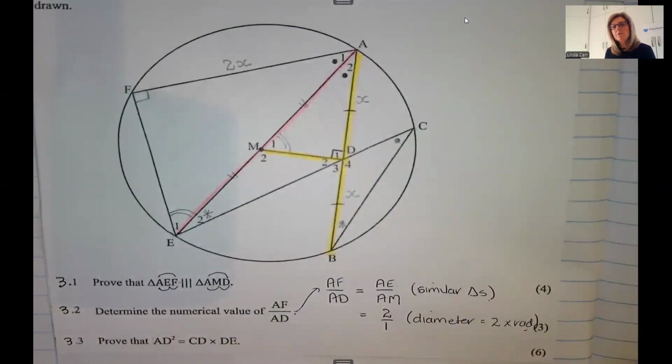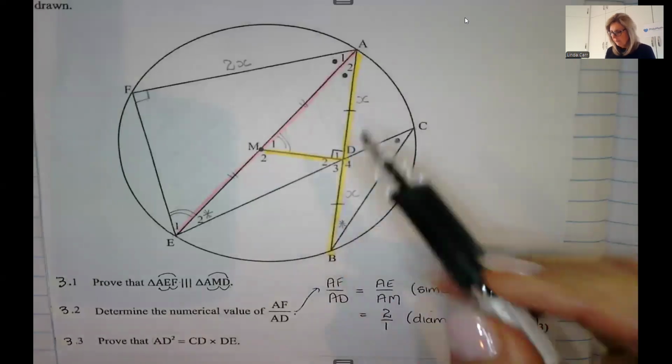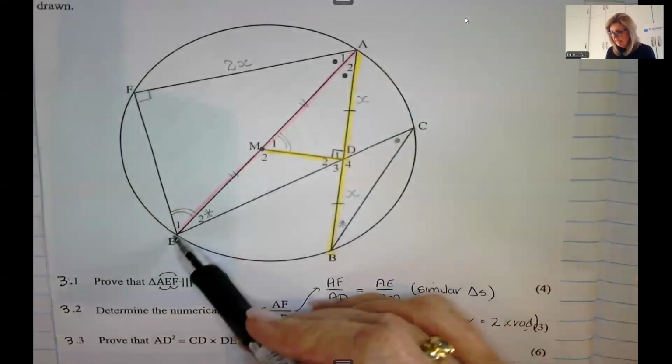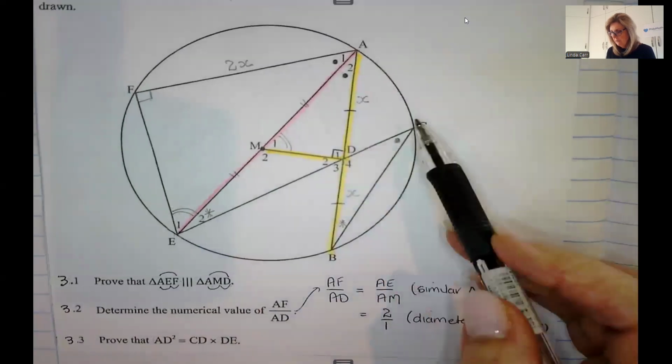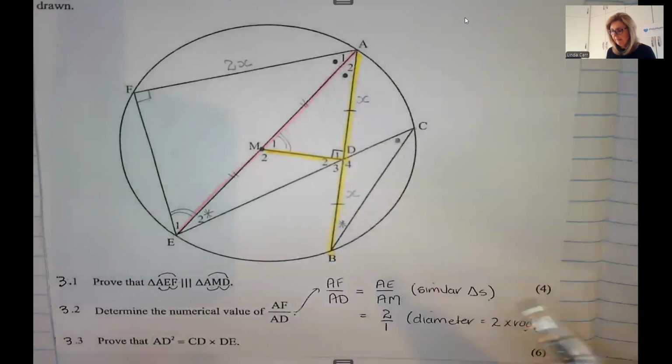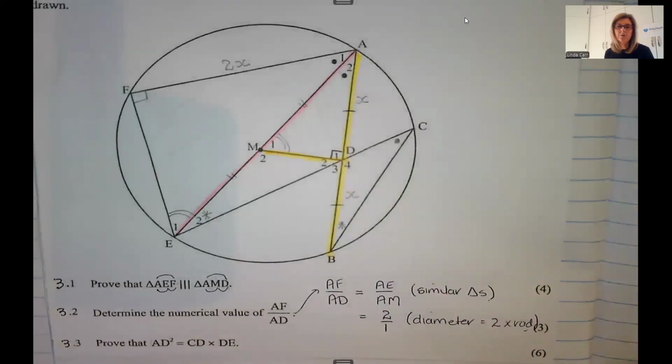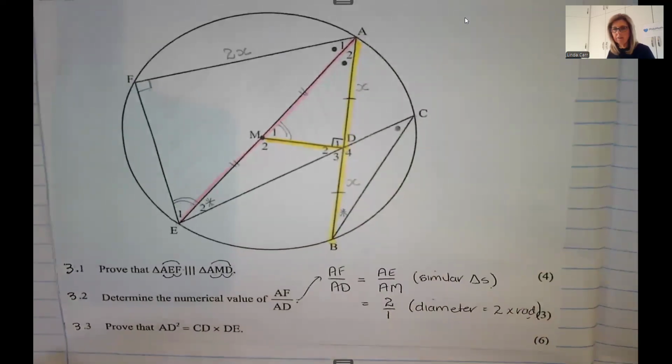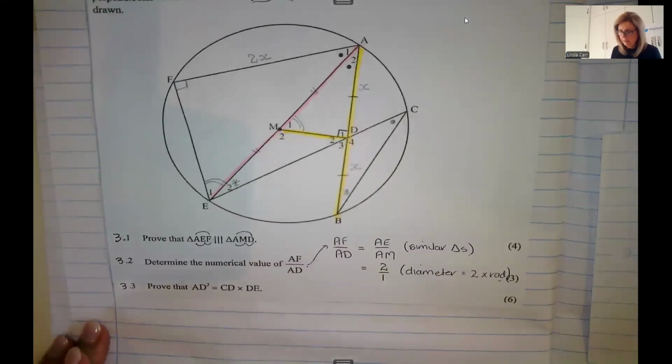So it seems very likely that we can prove triangle ADE similar to triangle CDB, and then we can get the AD squared from there. All right, so let's have a look at those 2 triangles and see if we can get them similar.